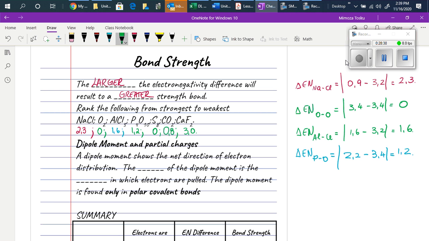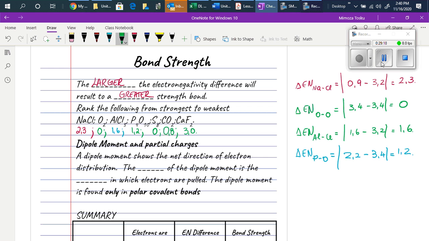Now, when we are ranking them from the strongest to the weakest, the strongest is calcium fluoride, then sodium chloride, then aluminum chloride, then carbon dioxide, then tetraphosphorus decoxide, and after that oxygen and sulfur.